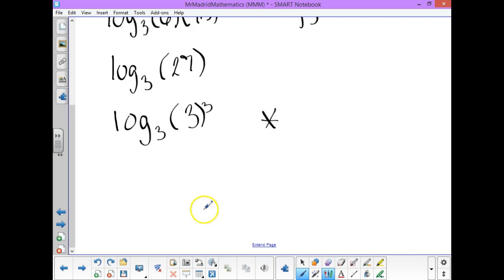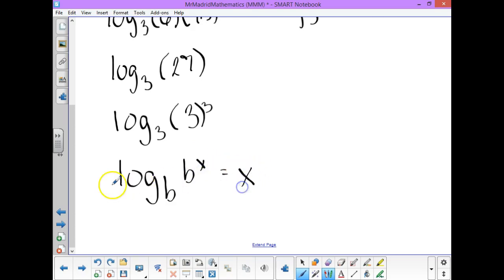This one is called the inverse property of logarithms. I'm going to write this one down here for you guys. This one in general says log base b of b to the x equals x. So we've used our initial formula.